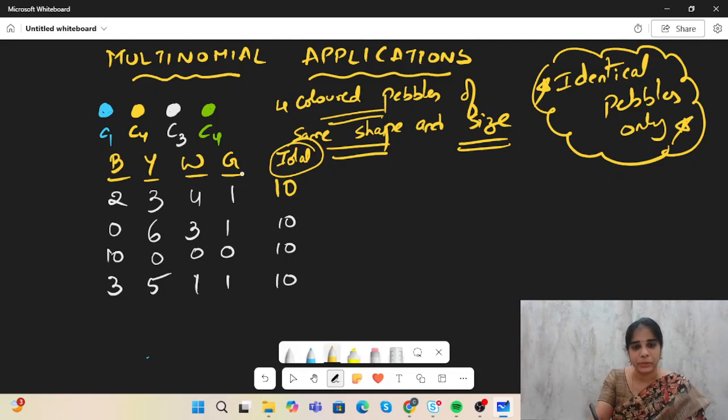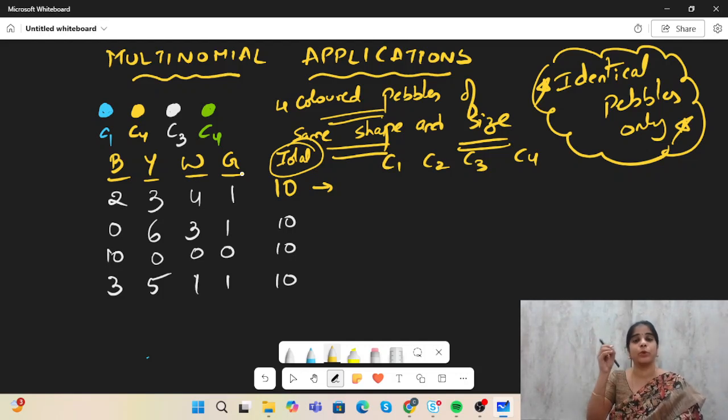Suppose I have C1, C2, C3 and C4 colors. My x to the power, the exponent, denotes the number of pebbles that I am choosing. So here it will be x to the power 2, let it be. Here I have x to the power 3, here I have x to the power 4 and x to the power 1.